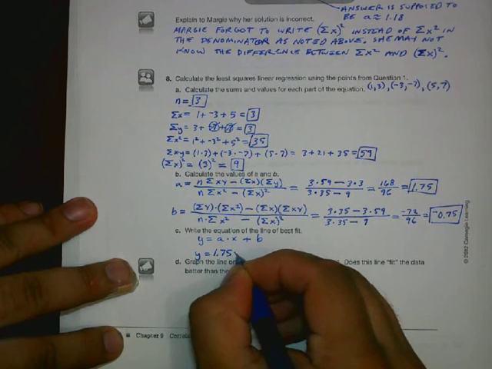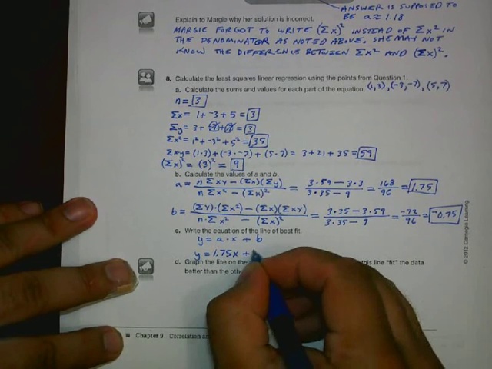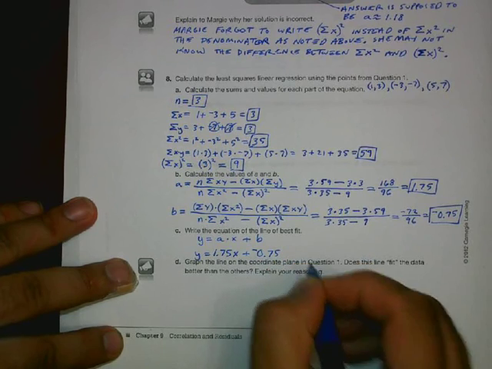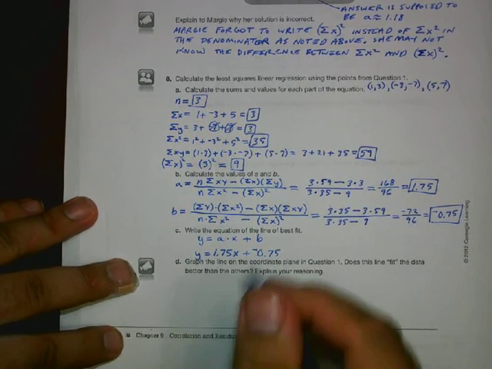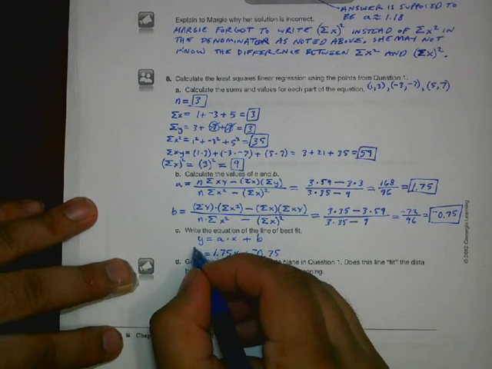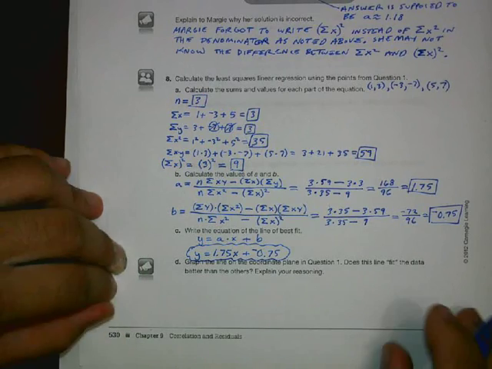And then we bring down our x, and we add our b. Our b is a negative 0.75. And that's our line of best fit using the least squares linear regression. Let me go ahead and put a squiggly answer bubble around it.